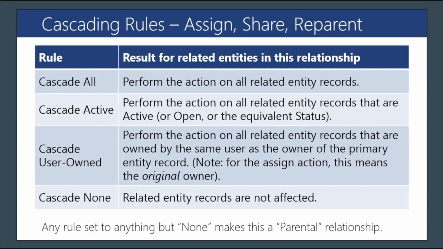Cascade user owned: if that sub-record is owned by the same user, then the behavior is driven by the same owner when the cascade happens. And then, of course, cascade none means don't do anything to any of the sub-records. When you do these assignments, anything but a none makes the relationship between the two entities what we call a parental relationship.